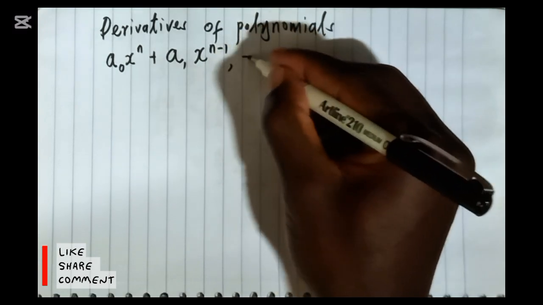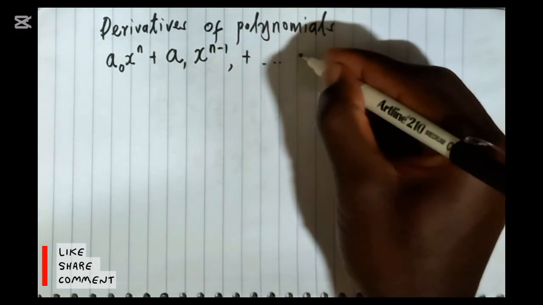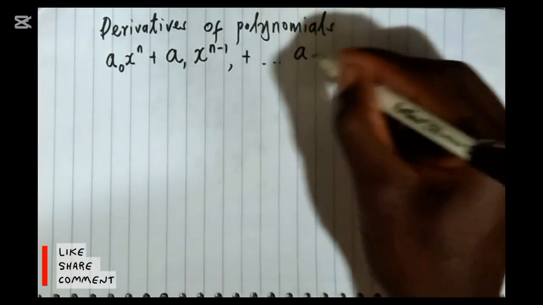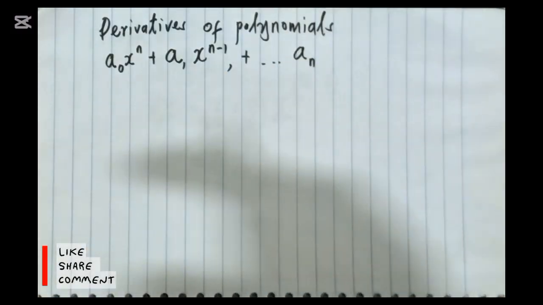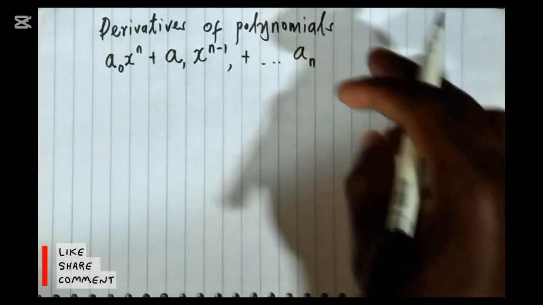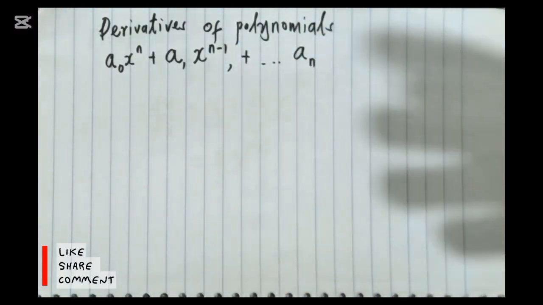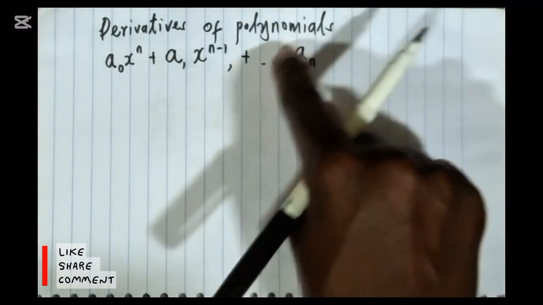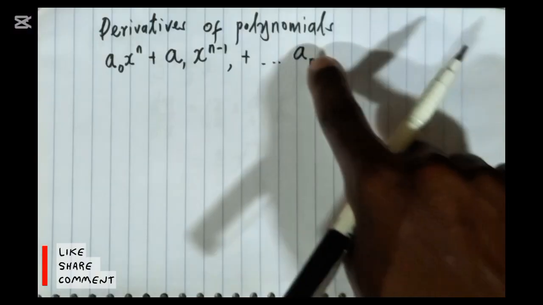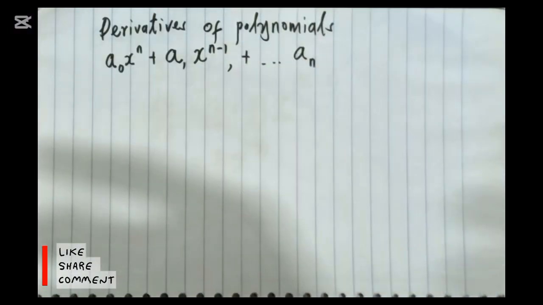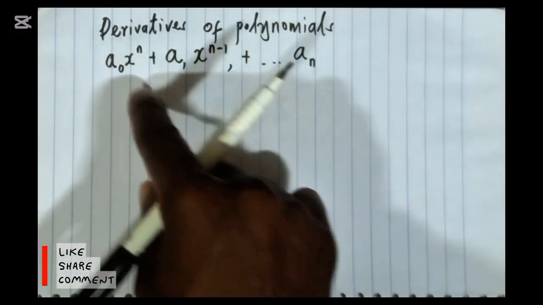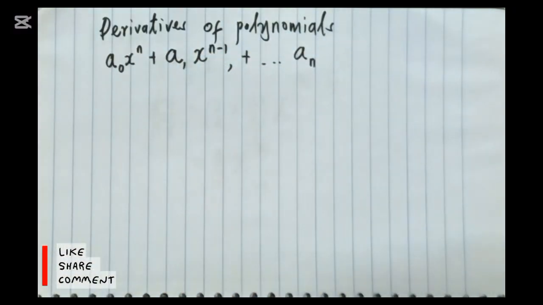And we can go on and on, to a point where the power of x is 0, because we all know that any number raised to 0 is equal to 1. So up to a point where we can already see that the power goes to nothing. In this case, a is a coefficient.